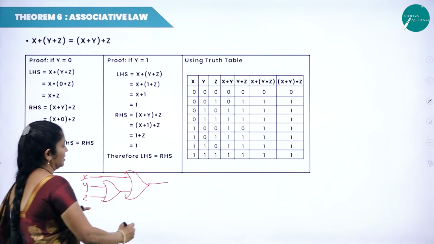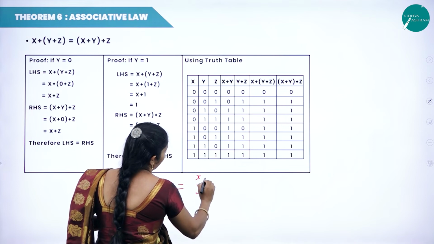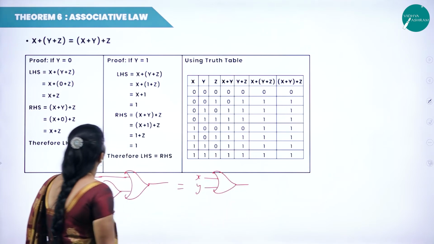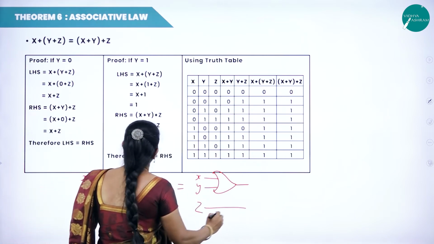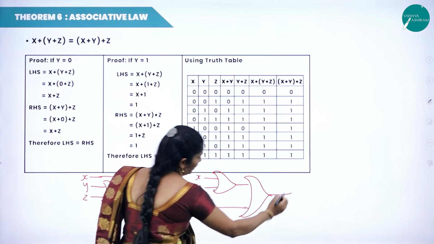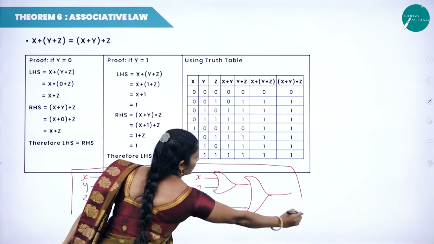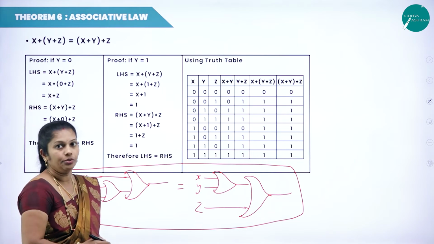This first part is the same as the second part, that is x and then y. Here these two are connected with the reverse C shape and then one line. Then z, which is once again connected with the OR operation, reverse C, connect and then one line. This is the symbol to perform the second associative law.